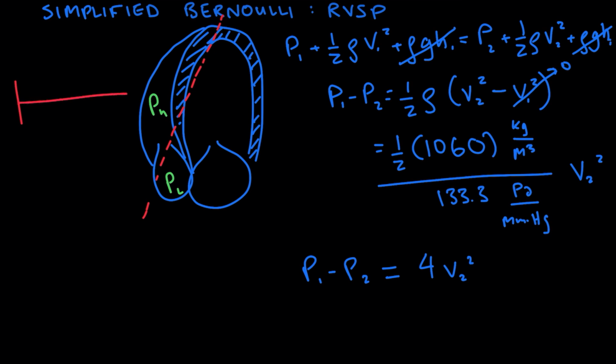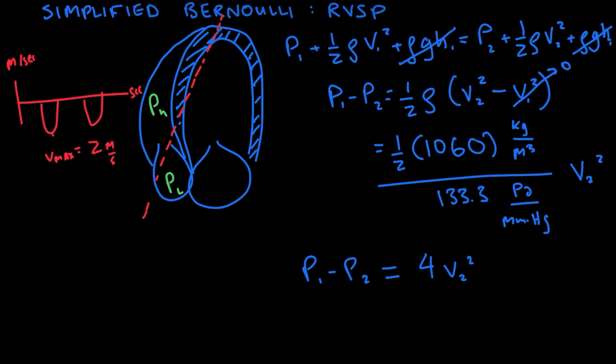It will show something like, during systole, you'll see a jet of tricuspid regurgitation. And you'll be able to measure a Vmax here. Let's say for now that the Vmax equals 2 meters per second, right?